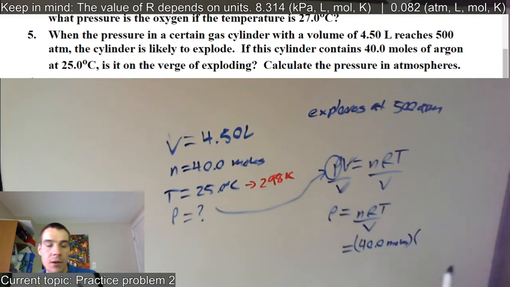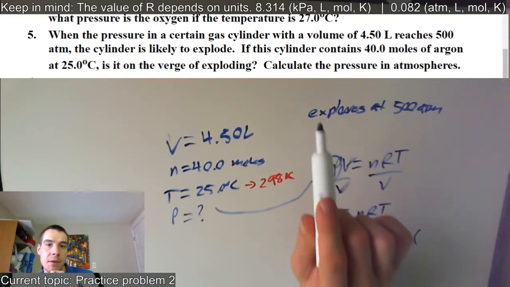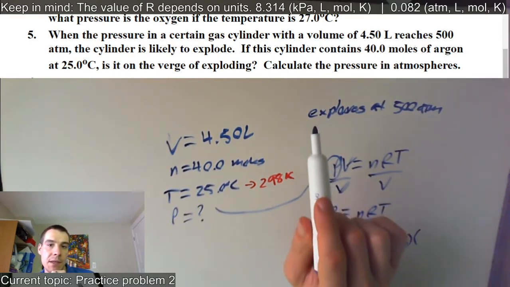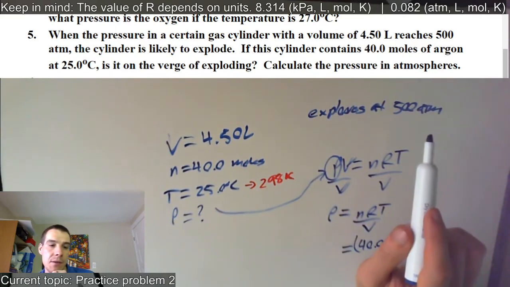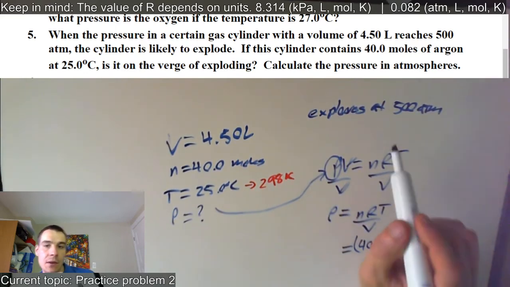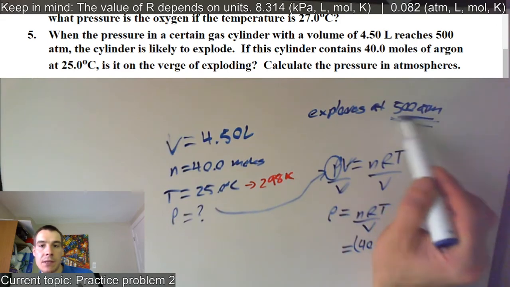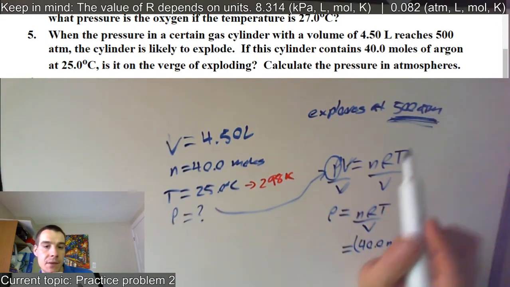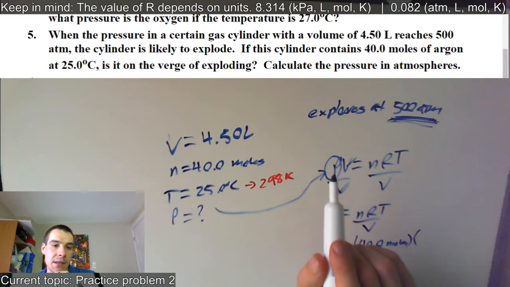R. What are we using for R? We have two versions of R up there. We have 8.314, which is in kilopascals, and 0.082, which is in atmospheres. Well, if we look at what we know, this thing explodes at 500 atmospheres, so we might as well get an answer in atmospheres.